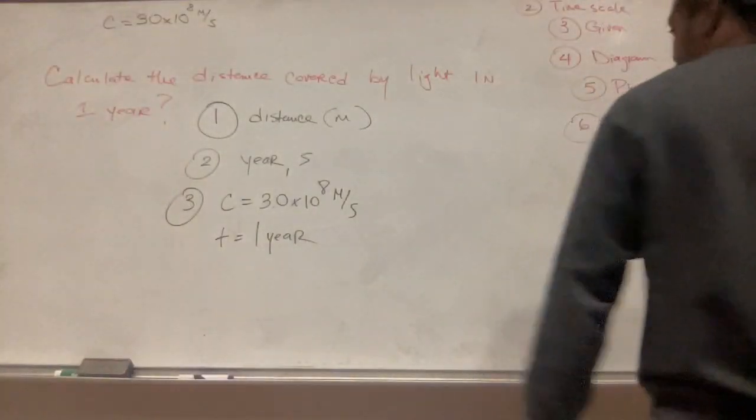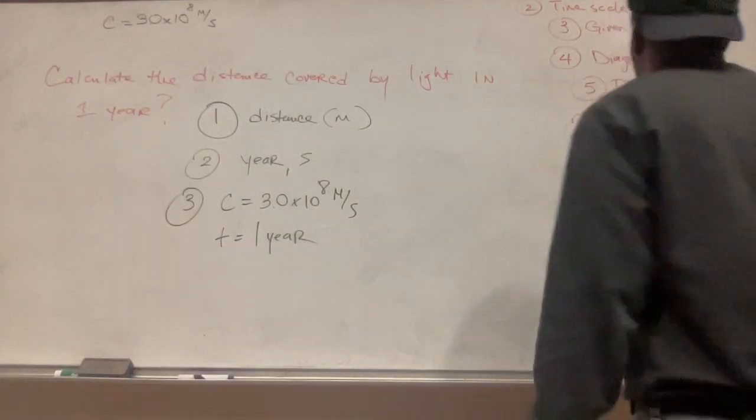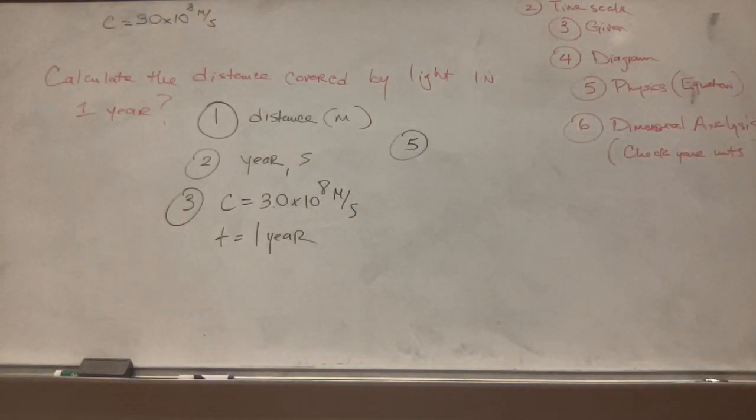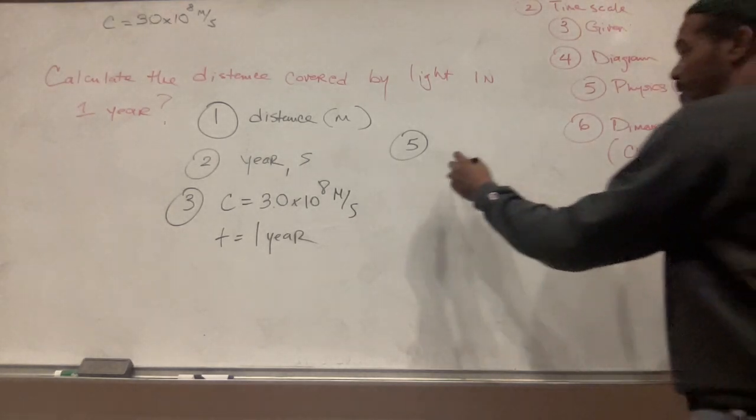Draw a diagram. We don't need a diagram in this case. Fifth is the physics. What is the equation for speed? Distance divided by time.